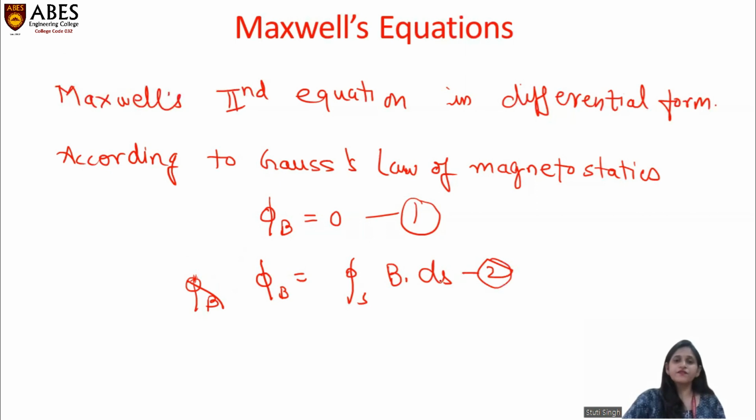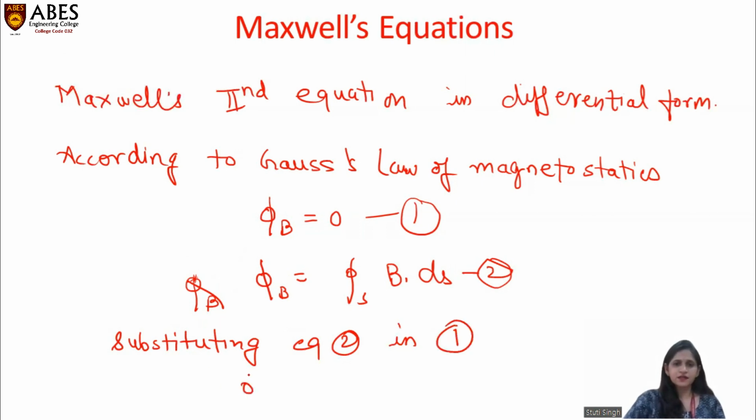Now if we substitute equation 2 in 1, we get surface integral B dot dS is equal to 0. So again, it is representing Gauss's law of magnetostatics only. This is equation number 3.